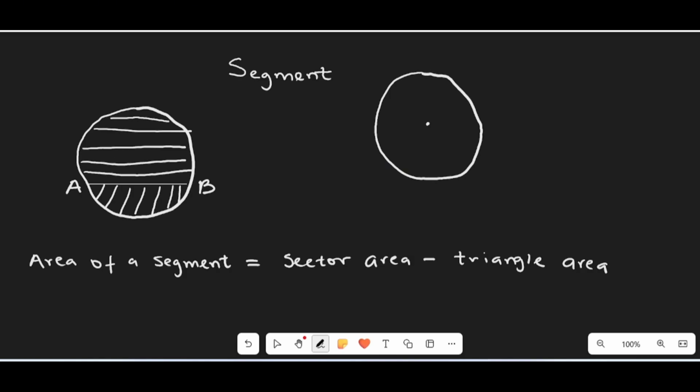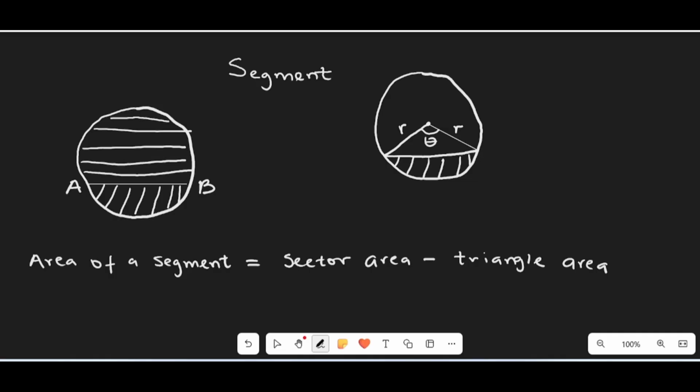This is our center, our radius. This is our chord. This shaded portion is our segment. Here is R, here is R. This is our center.